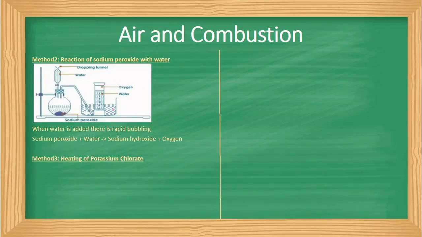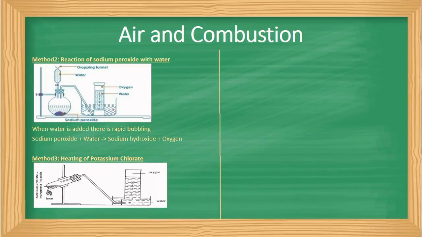Method 3 is heating of potassium chlorate in the presence of manganese 4 oxide, as you can see in the setup. In this case also, manganese 4 oxide is just a catalyst. The only item that is being heated, which is reacting and being decomposed, is potassium chlorate.